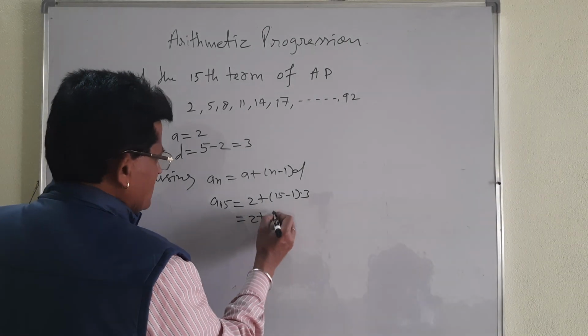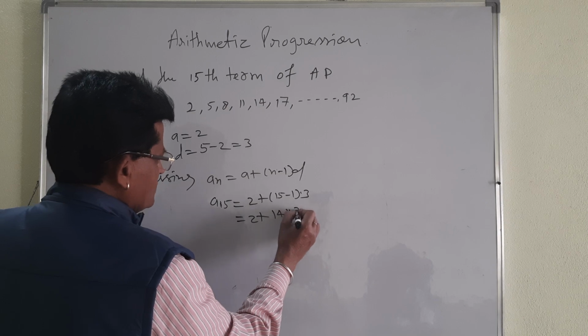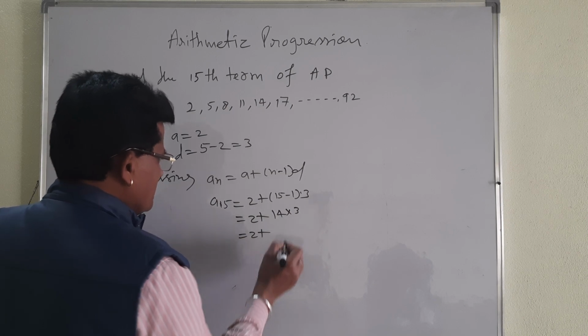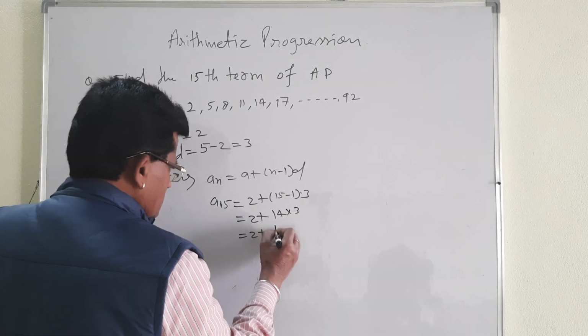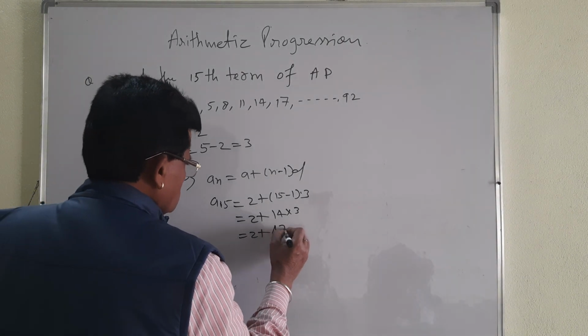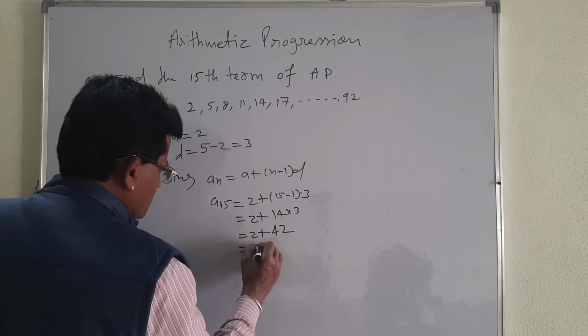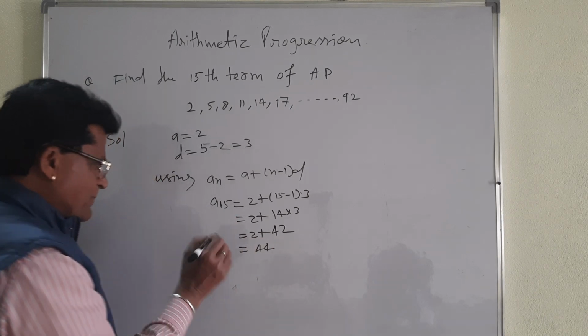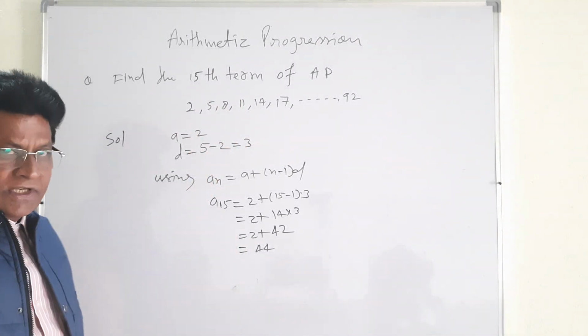What will be this calculation? 14, because 15 minus 1, into 3. 14 3s are 42. And it will be 2 plus 42, that will be 44. That is why the 15th term from the beginning will be 44.